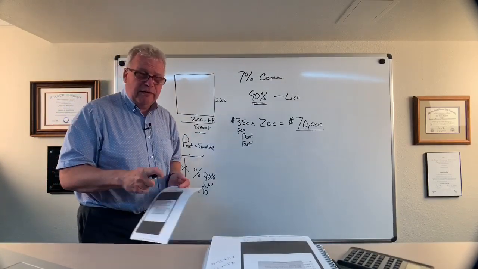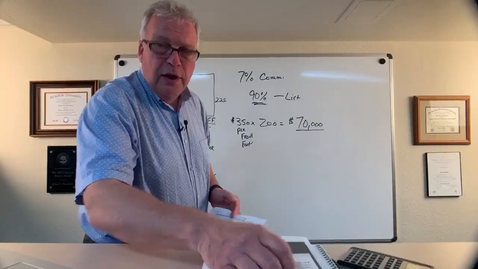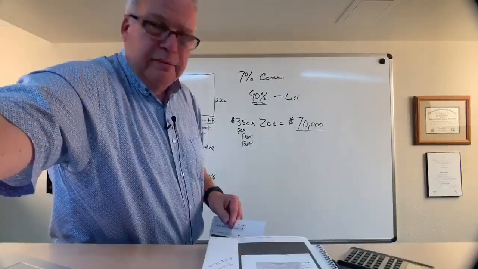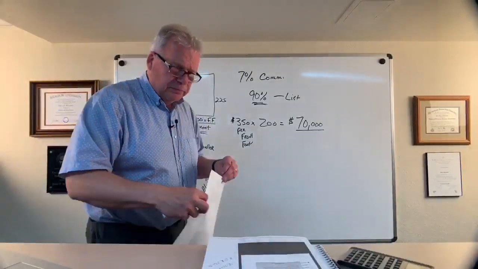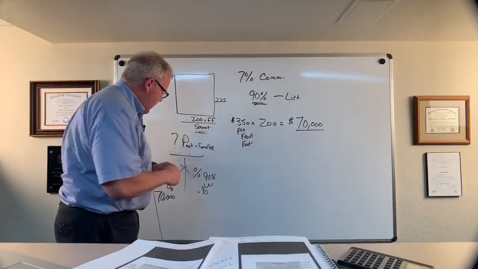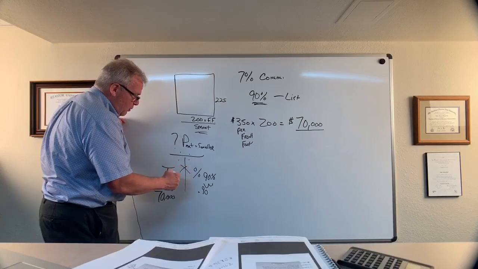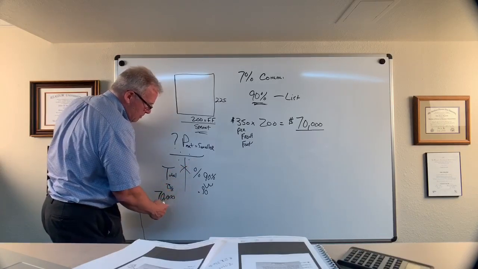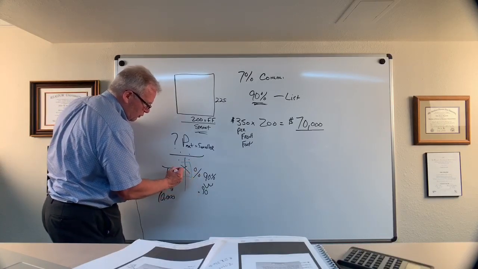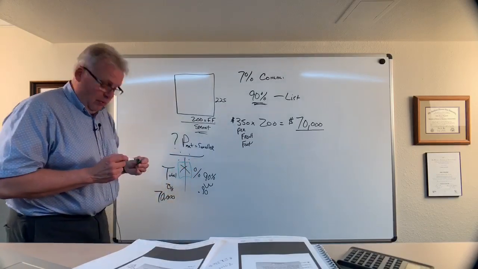Now here's what you have to remember with the T problem. Whenever we have the T problem, what does our math tell us to do? Well, if we have both the bottom numbers, our math tells us to multiply. Okay?